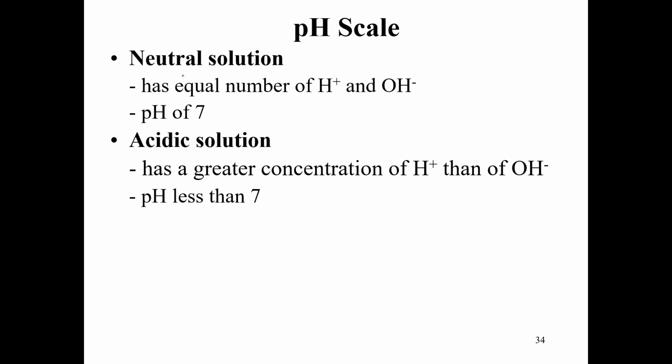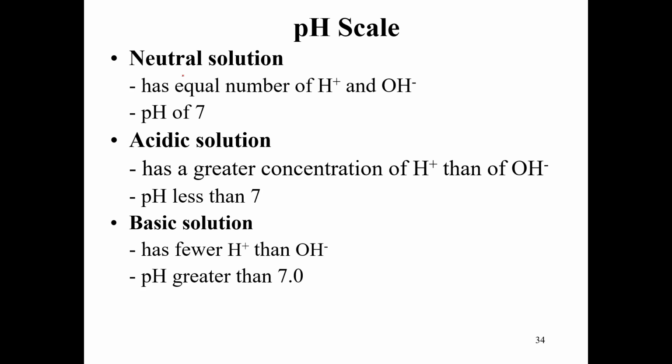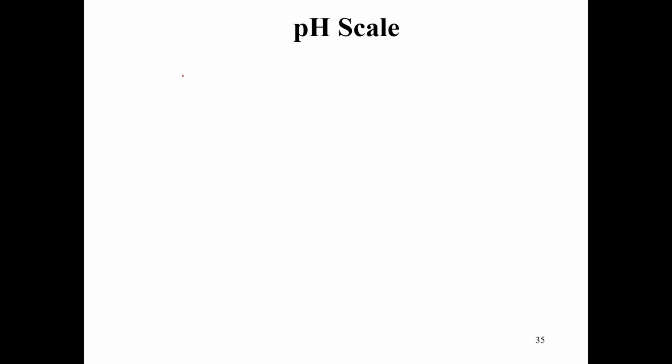Please take note that pH denotes acidity and basicity. We also have pOH, but it is less commonly used. So the lower the pH, the higher the acidity. The opposite is true for basic solutions, which have more hydroxide ions and are higher on the scale.